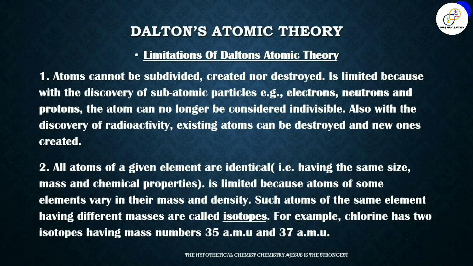So the discovery of these subatomic particles, which are within the atom, disproves the idea that the atom cannot be divided, because they are within the atom. So that disproved that part.